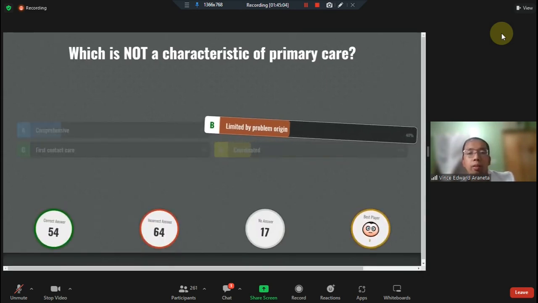It's not part of what's mentioned with PrevMed: it's limited by problem origin. There could be a wide range of cases, since you are a first contact, comprehensive and coordinated care. It should not be limited.